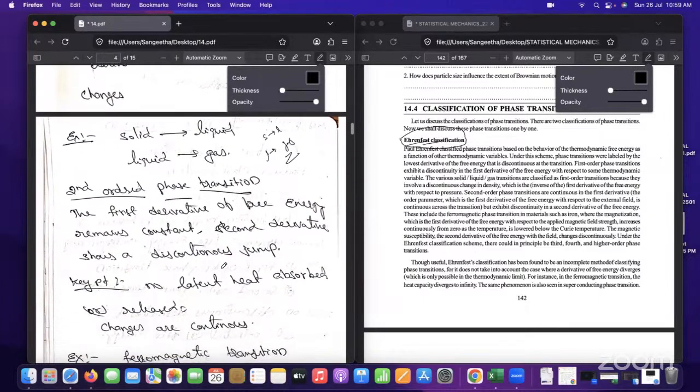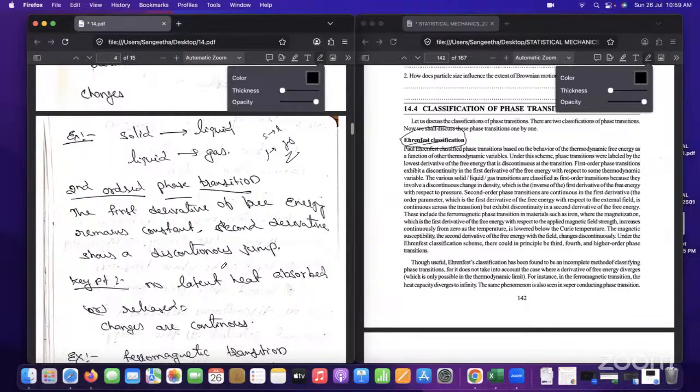In second order phase transition, the first derivative is continuous and the second derivative is discontinuous. Whereas in first order, it is completely discontinuous from the beginning to the last. Whereas in second order phase transition, the first derivative is continuous, the second derivative is discontinuous.